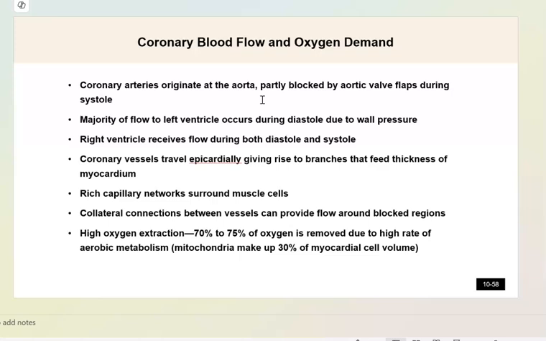So if you have an increased oxygen demand because we're exerting ourselves or exercising, that must be met by an increase in coronary blood flow as well. In other words, I like to think of this as the heart muscle is very greedy for oxygen. It needs to be well oxygenated. So if all of a sudden we need to work harder and the demand on the myocardium significantly increases, we have to make sure we increase coronary blood flow, or we're not going to be able to meet the demand of the body as well.